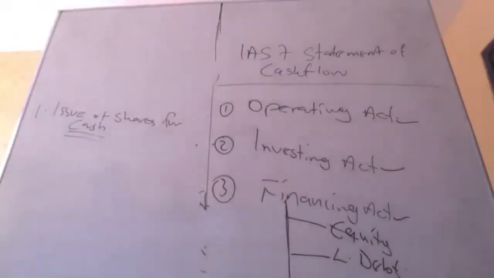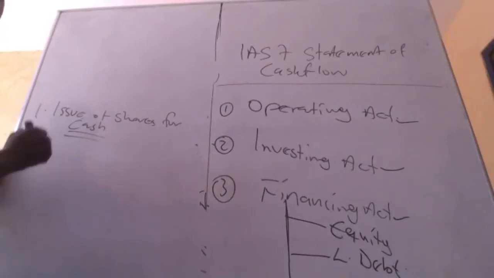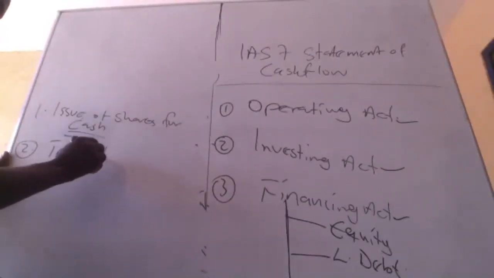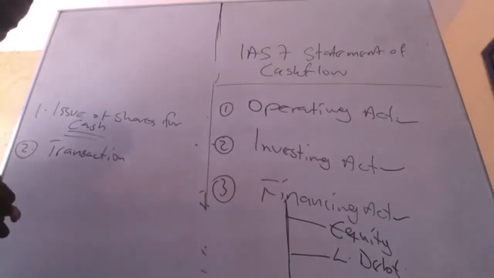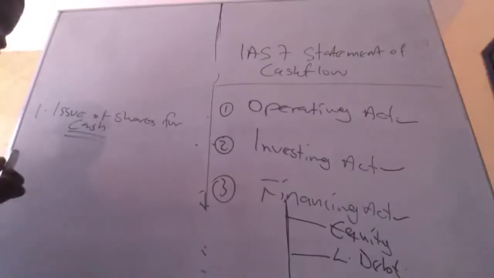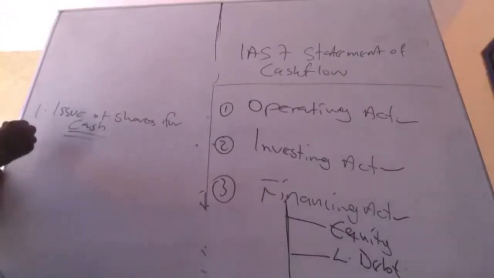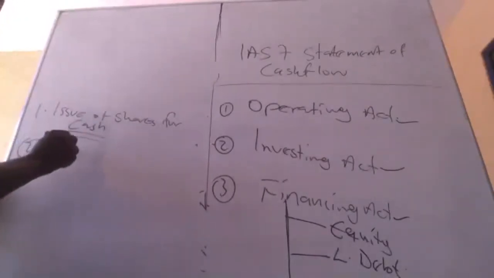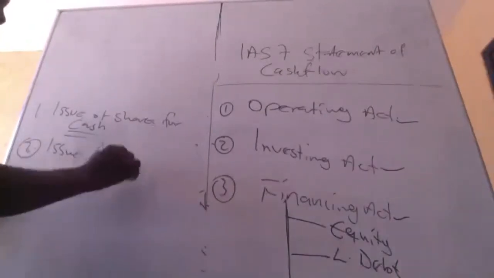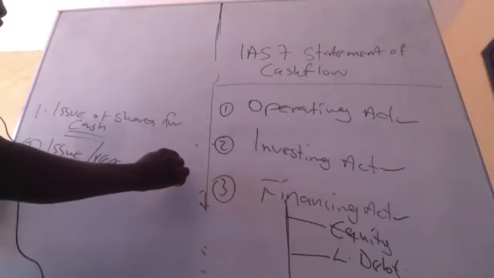Now, we can also go to transaction cost or issue cost. But let me hide that one. I'll do it once. Let me go to issue 2. Issue or repayment of what?